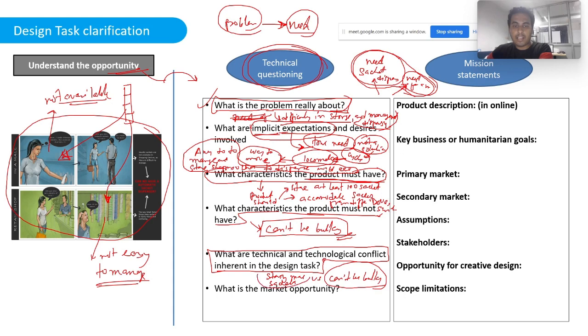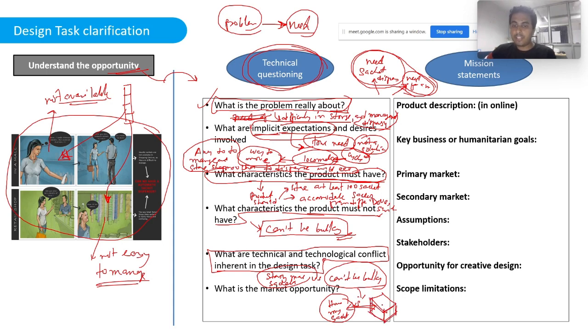We need to decide and come up with certain quantitative values, like what should be the size of your device versus how many sachets. So ultimately, you need to come up with specifications, quantitative measures to define your design.